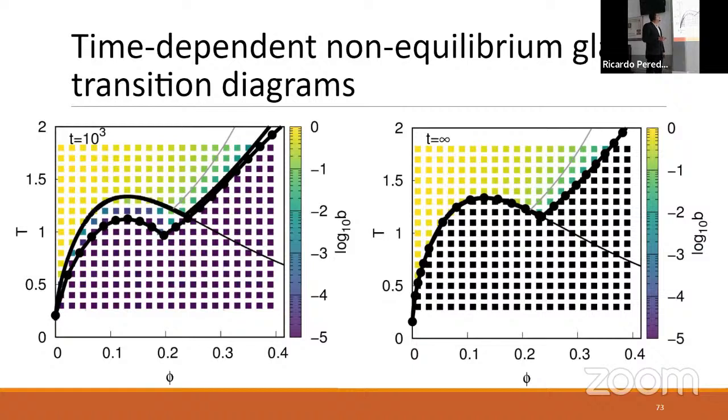We can evolve further in time and find that, within the resolution of the window frame, the condition b equal to 10 to the minus 5 and the condition b equal to 0 end up meeting pretty well.